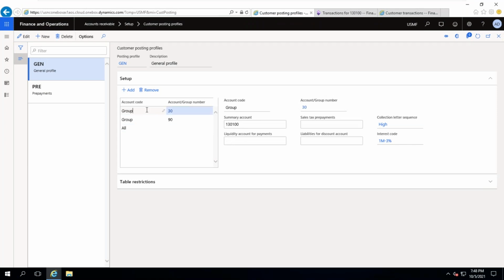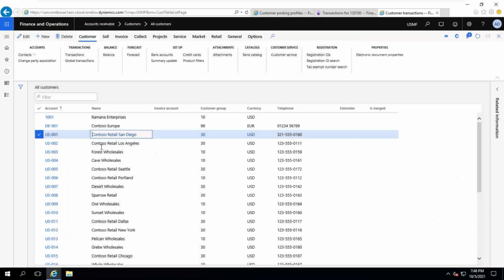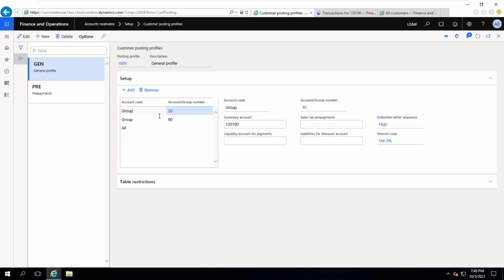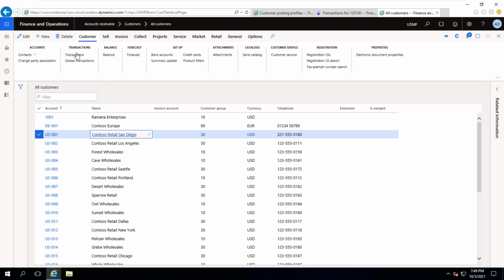Customer US001 is linked with 30. Okay, so that 30 is linked with the account 130100. So automatically it will post to 130100 transaction here, and it will post to the customer account also in the transactions.